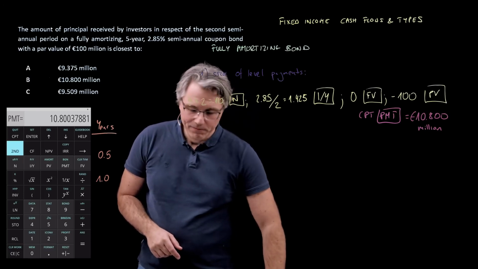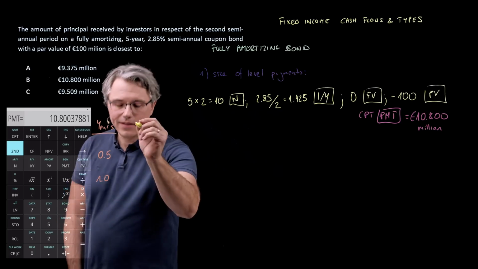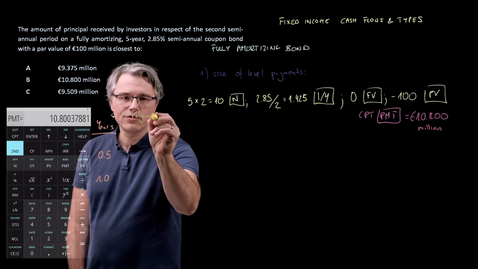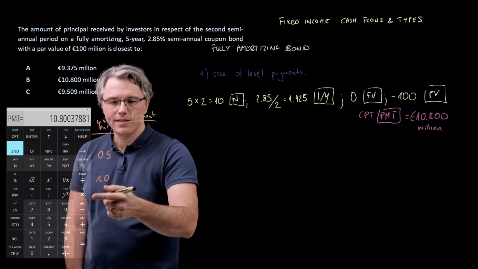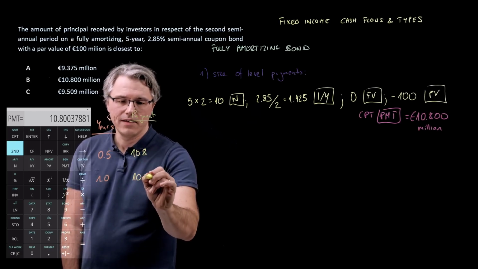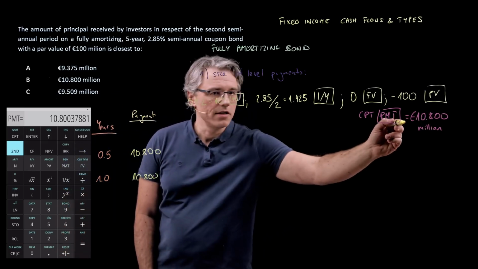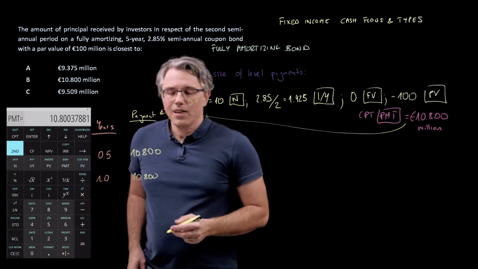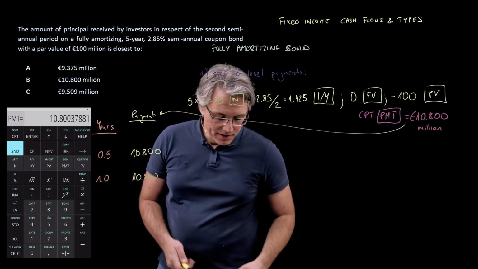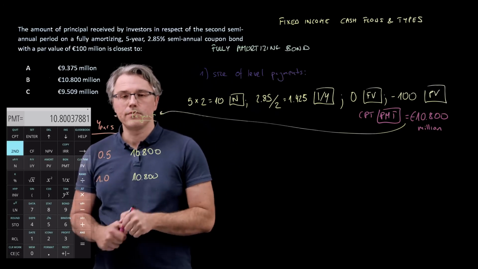And I know from this computation that we've just done that there is a payment which happens on each of these dates equal to 10.8 million euros. That's from over here, isn't it? Okay. However, the question is, how can that be split into the two relevant components, namely interest and principal?